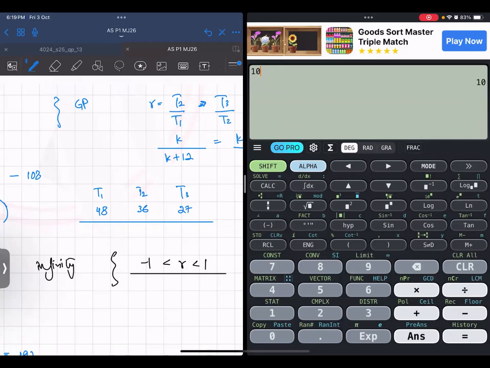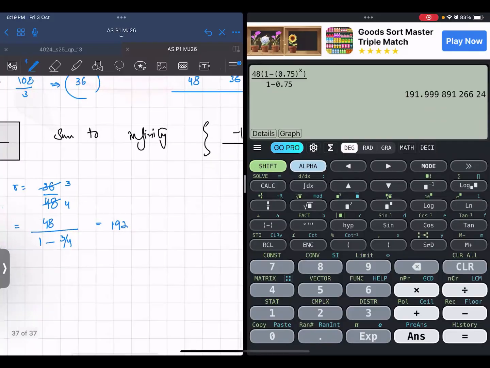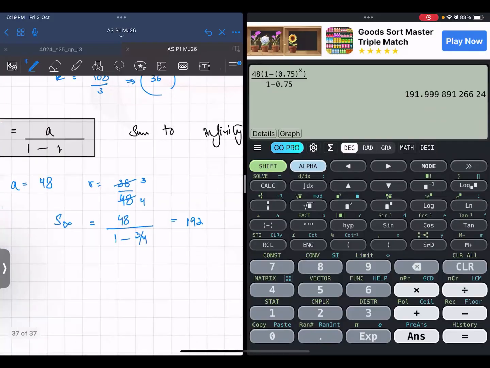If I take 10 terms, it is 181.2, something like that. If I add 50 terms, look, it's 191.999. It will get closer and closer to 192, but it will never give you 192. With 70 terms it is 191.9999 with 6 nines. If it is 80, now there are 7 nines. It's getting closer and closer to 192.